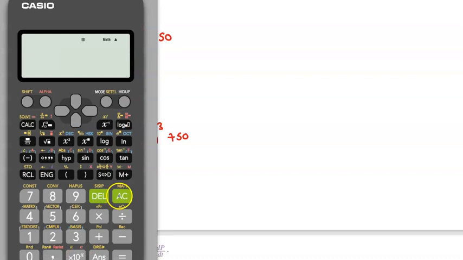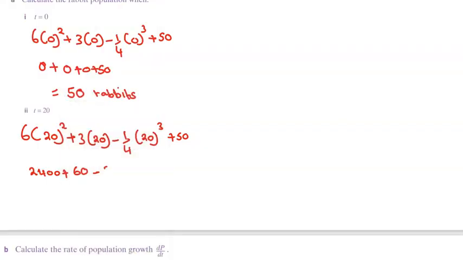Well, some of these cubes you need to know them. 20 cubed is what we are multiplying by a quarter, 1 over 4, going to get 2,000. And then plus 50. So we can add all this together, 2,400 plus 60 minus 2,000.